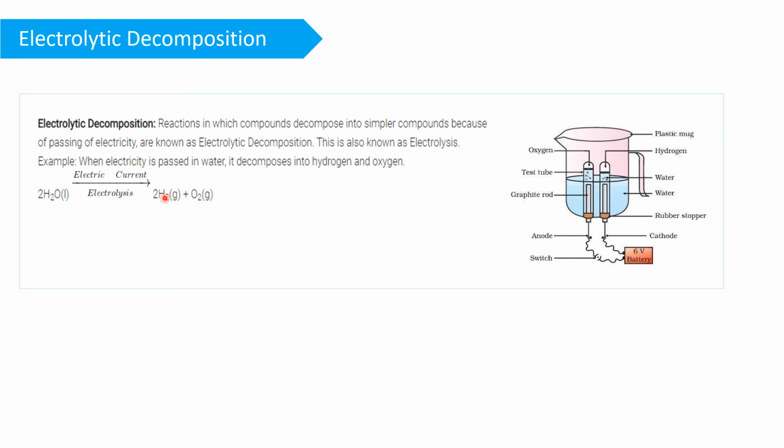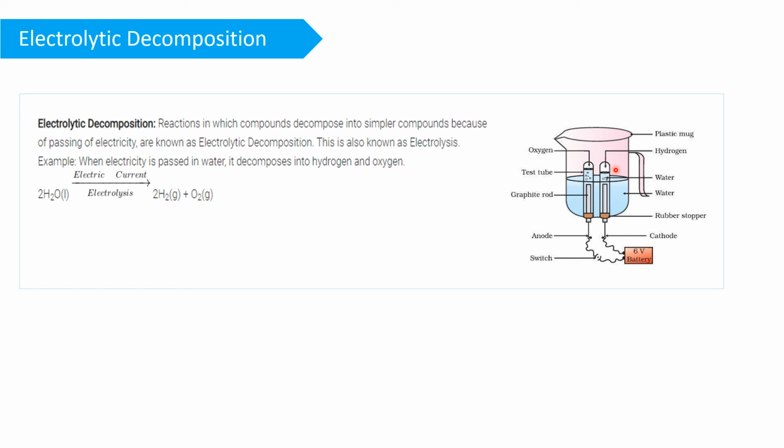So here H2 is plus, oxygen is negative, O2 minus. Oxygen will go and get deposited at the anode and the hydrogen will get deposited at the cathode. Opposite charges attract.